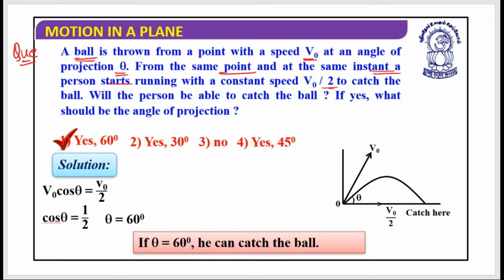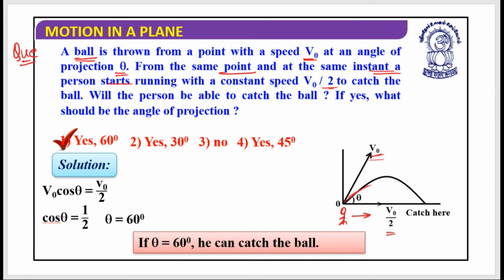The situation is something like this. The ball has been thrown with speed v0 at an angle theta. At the same time, you have started running on a straight path with a speed of v0 by 2.